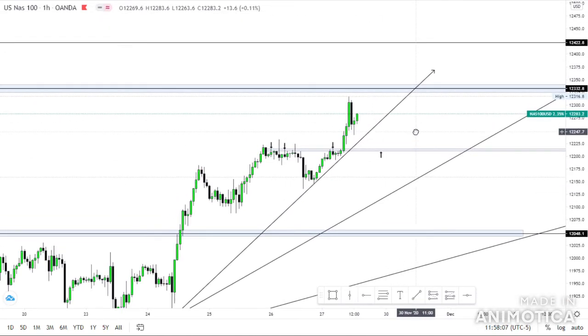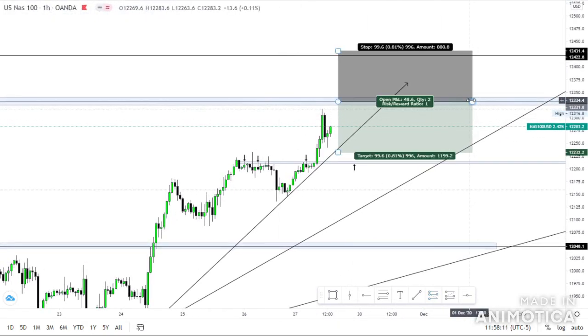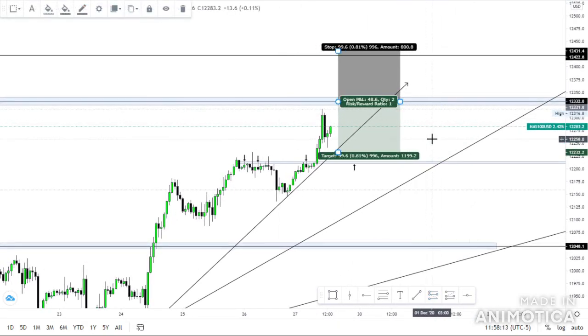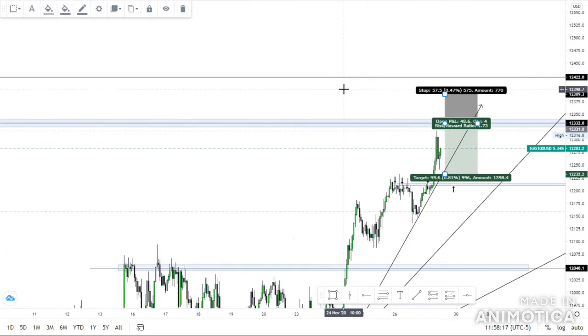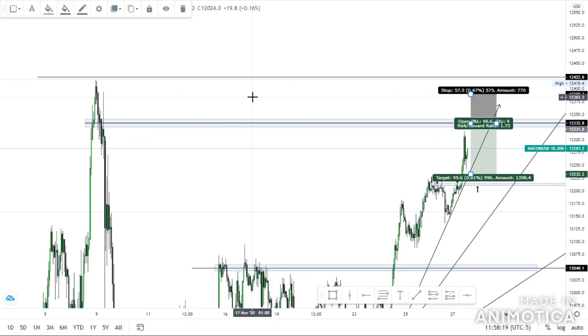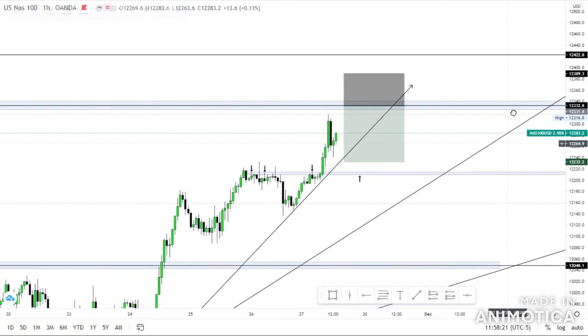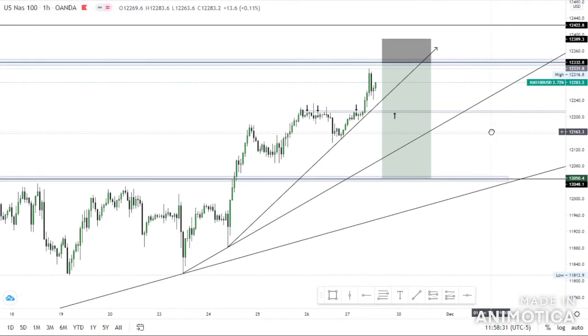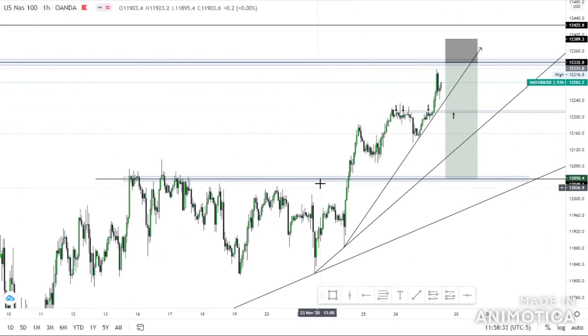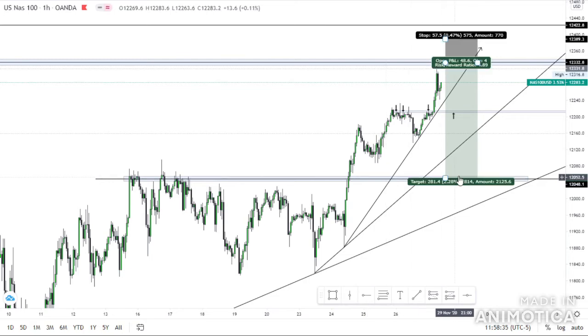So if you find an opportunity up here, you can take the sells, then hide your stop loss above the highs. And then you could have your TP1 by the structure right here, or you could target the trend line or this structure of resistance right here.